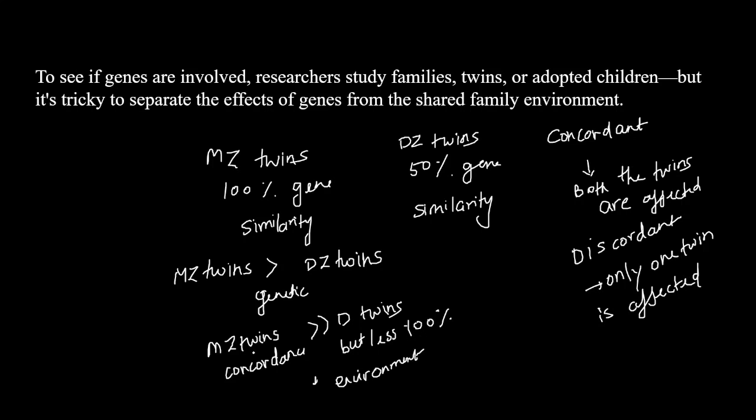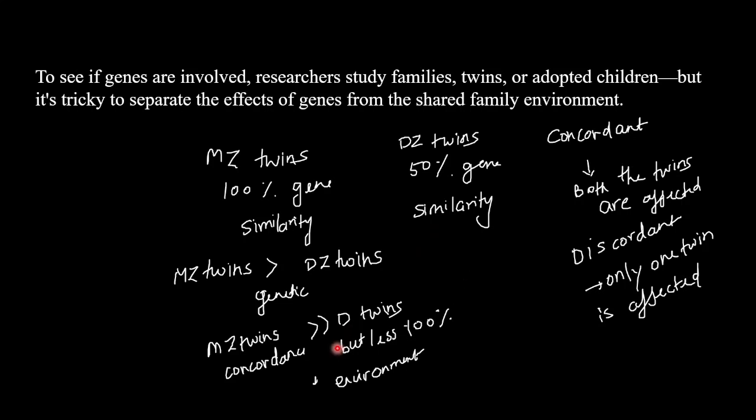Because if one twin is affected, another twin is also going to be affected. The concordance should be 100% if only the genes are the reason, but if genes are not the only reason, then it is going to be less than 100%. And then you can say it could be because of the environment. So that's how people study whether the environment is having any effect or not.